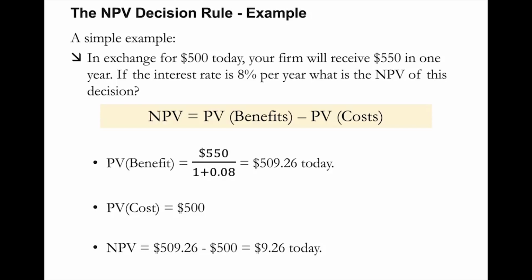So the net present value of this decision is our benefit of $509.26 minus our cost of $500, which gives us $9.26 today. So the way that we interpret this is that we say accepting this project is equivalent to receiving $9.26 in cash today.